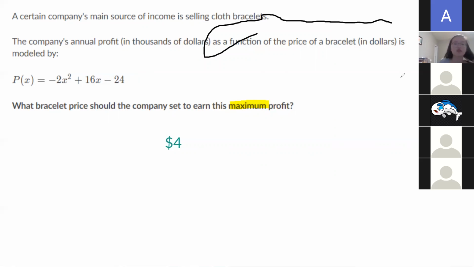The company's annual profit in thousands of dollars as a function of the price of the bracelet in dollars is modeled by P(x) equals negative 2x squared plus 16x minus 24. So for this question, should we graph it out, should we factor it, or should we try the quadratic formula? Which way would be faster?